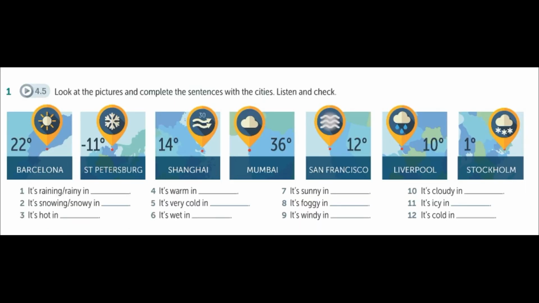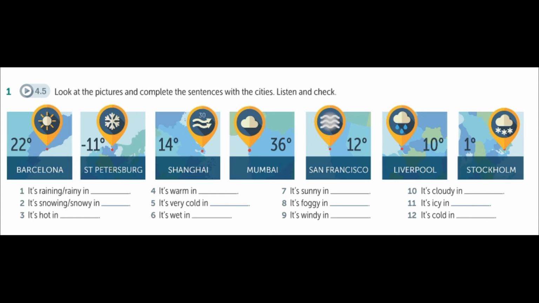Take a look at these pictures. We're going to complete the sentences here from numbers 1 to 12 about these cities: Barcelona, St. Petersburg, Shanghai, Mumbai, San Francisco, Liverpool, and Stockholm. And you're going to listen and check, completing the sentences with the names of the cities. What do you have to pay attention to here? Take a look at these symbols. They represent the weather.